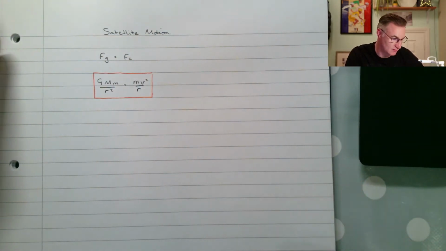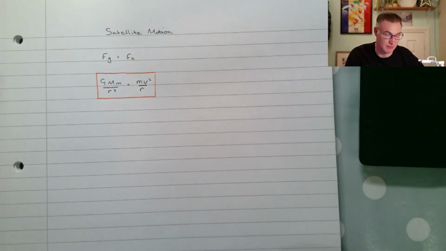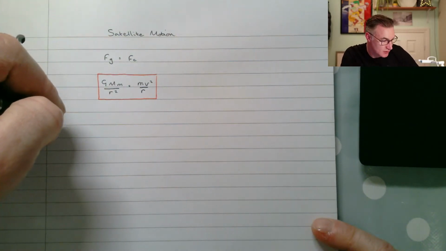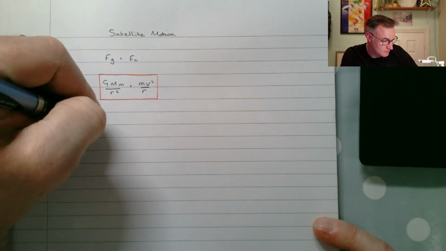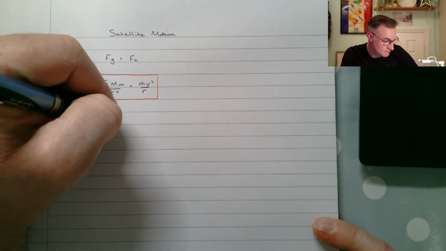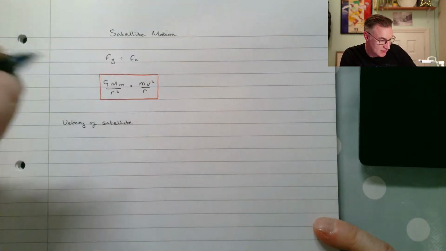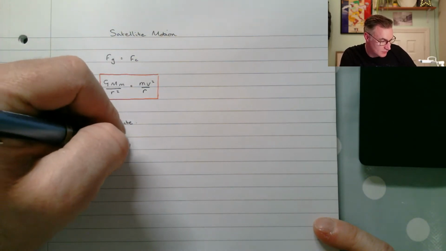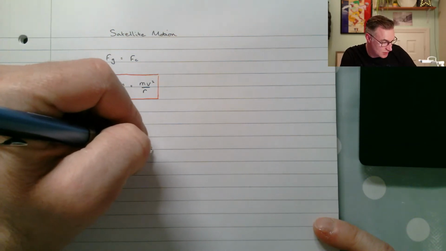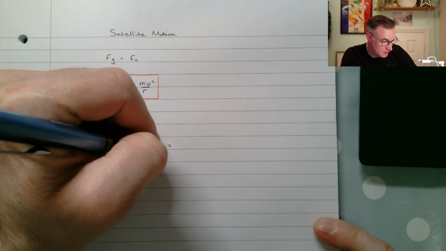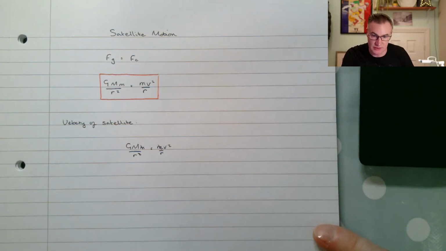I'll show all of the steps, and I'll try to cut out as many shortcuts as I possibly can. So, velocity of satellite, and so we'll start with G M m over r squared equals m v squared over r. Cancel out the m's, cancel out the square from there.